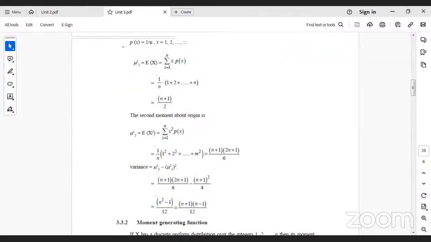Variance is mu2 dash minus mu1 dash whole square, that is n plus 1 into 2n plus 1 by 6 minus n plus 1 whole square by 4. The simplified result is n plus 1 into n minus 1 by 12.